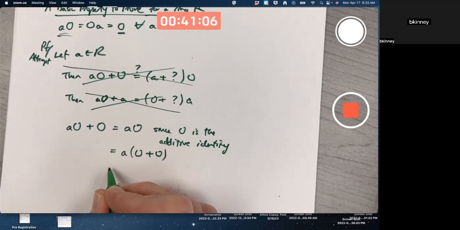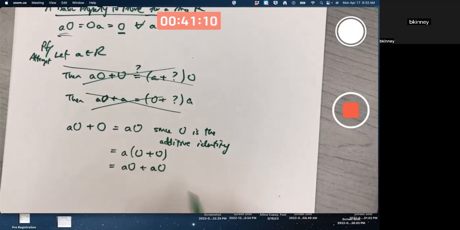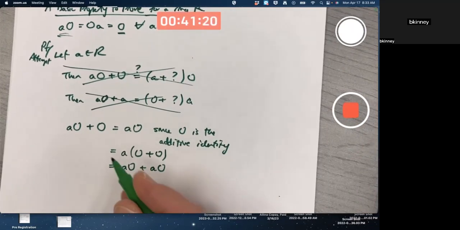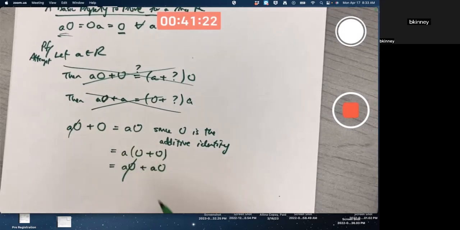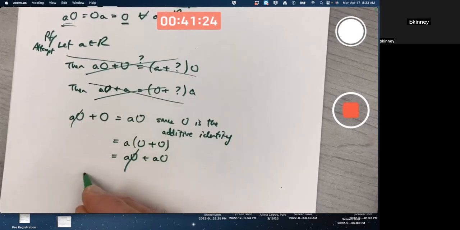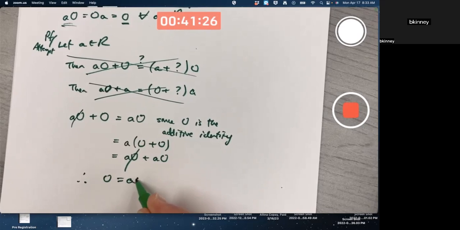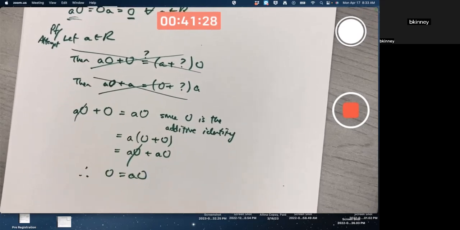Then use the distributive property. 0 does equal 0 plus 0, for sure. Then use the distributive property to distribute the A through. And then, yes, we can cancel the first A times 0. The cancellation law under addition does work, right?